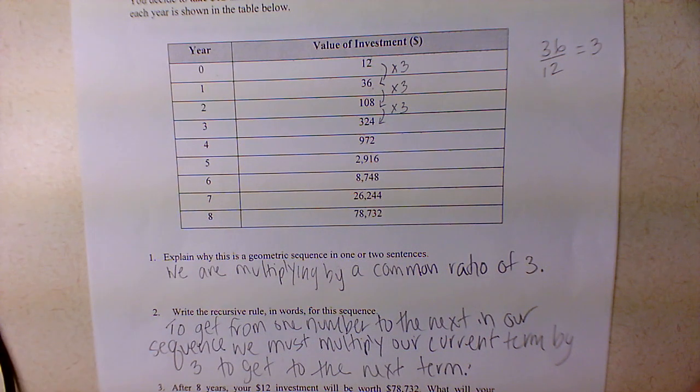And there you have it. To get from one number to the next in our sequence, we must multiply our current term by 3 to get to the next term.